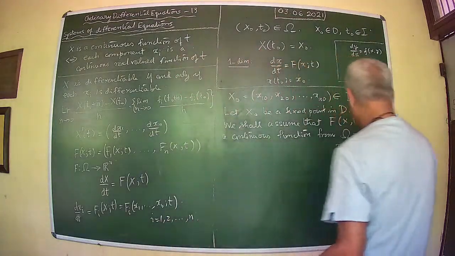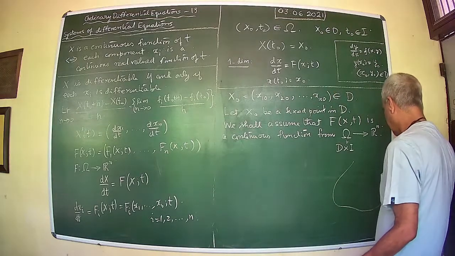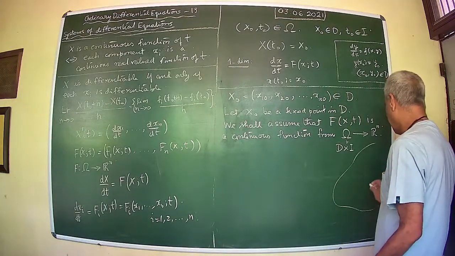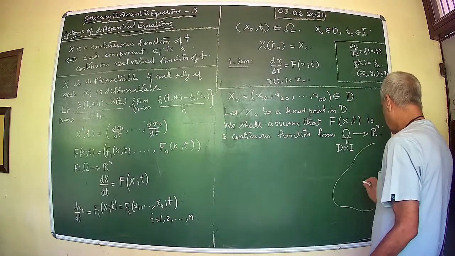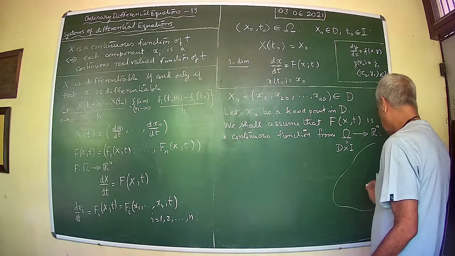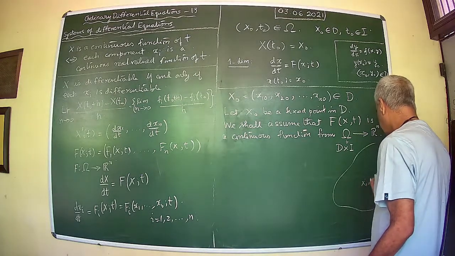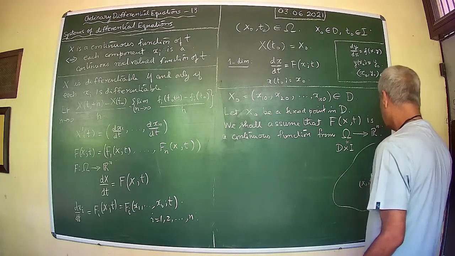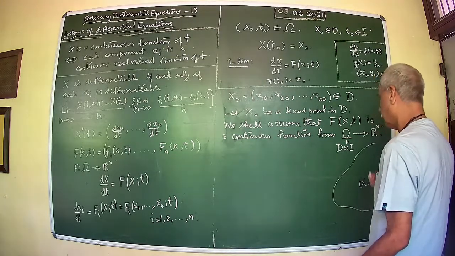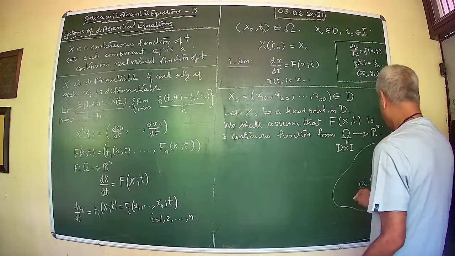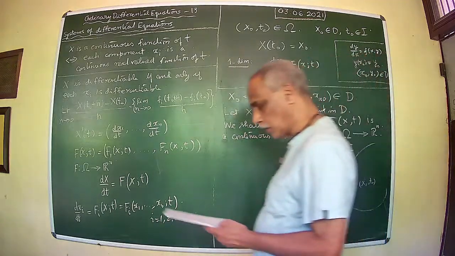So it is something like this. As we have done earlier, you have the point x naught, t naught, and now we are going to form a rectangular box.